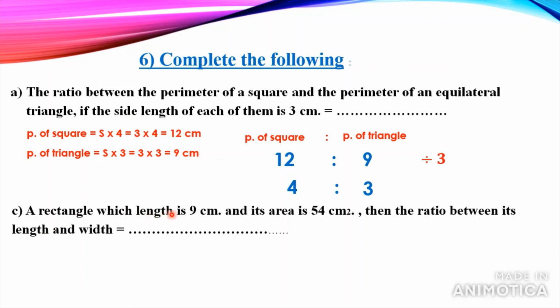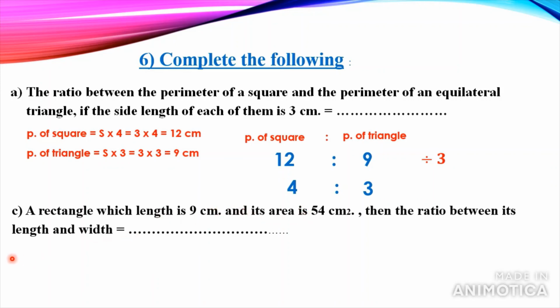Let's see number C from your booklet. A rectangle whose length is 9 centimeters and whose area is 54 square centimeters. Then the ratio between its length and its width equals?